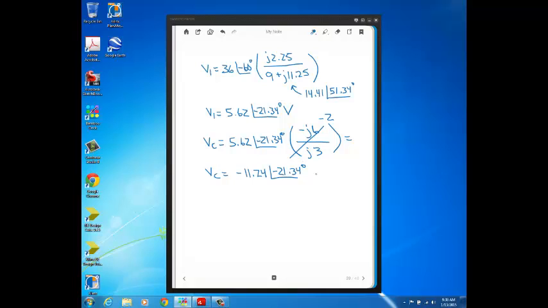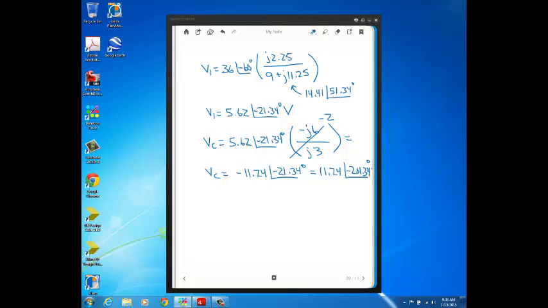Now one thing we can do, and this you don't have to do, okay, it's an option, but we can get rid of this minus sign by either adding 180 degrees or subtracting 180 degrees from this angle. So what I did is I subtracted the 180. So I showed this as a positive magnitude, and then I subtracted 180 to make this minus 201.34 degrees, sorry.